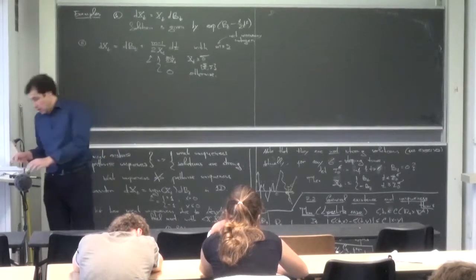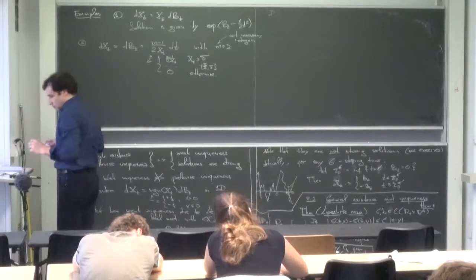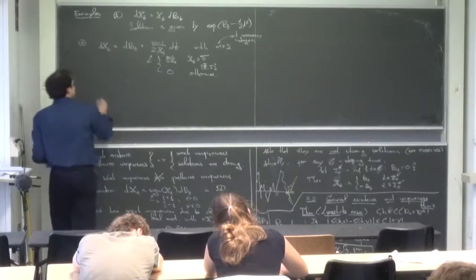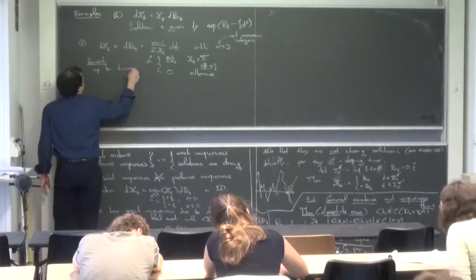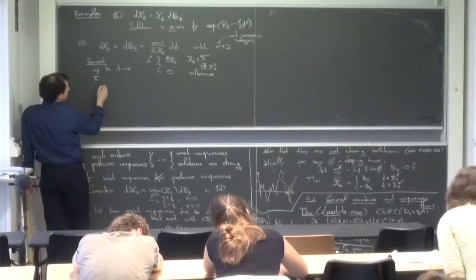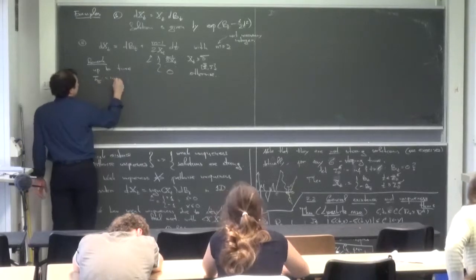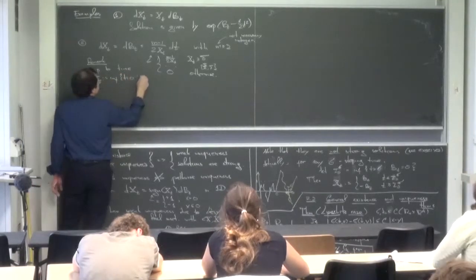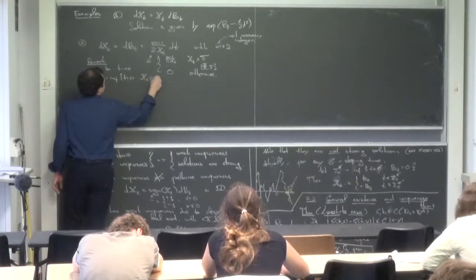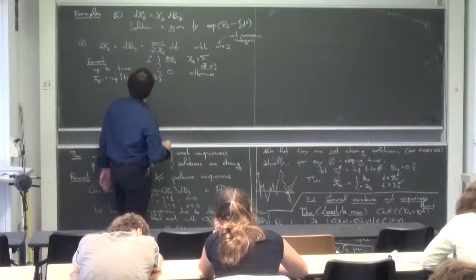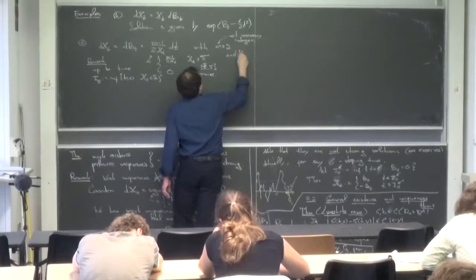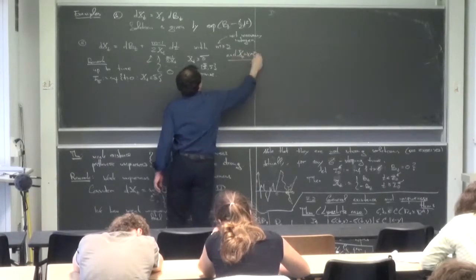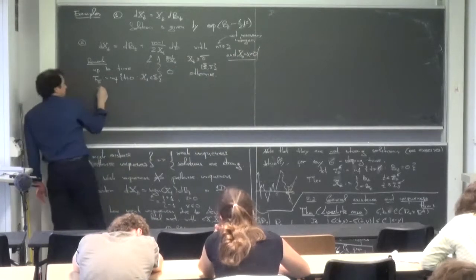Then, just a comment. Up to time tau delta, which is by definition the first time we hit delta, and x is going to be positive, up to this time, nothing changes, right?